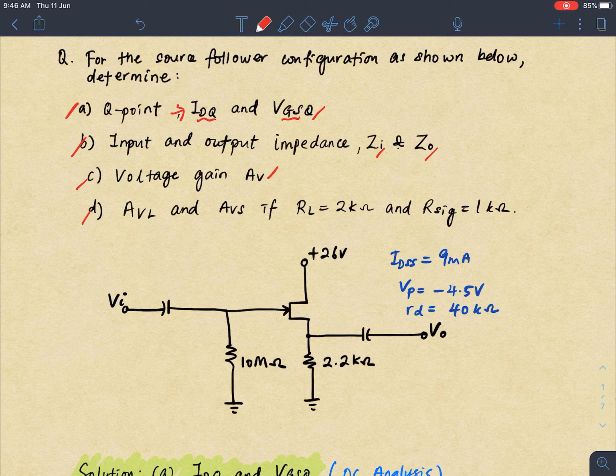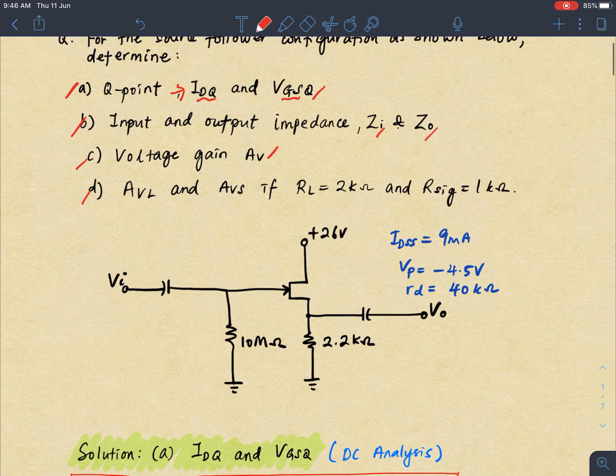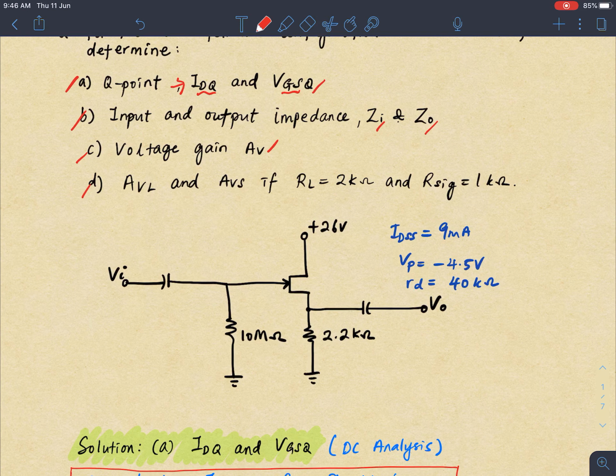D, AVL and AVS if RL is 2 kilo ohm and RC is 1 kilo ohm. Even though in the figure here there is no RL and RC, the question gives them, so you need to add them later.